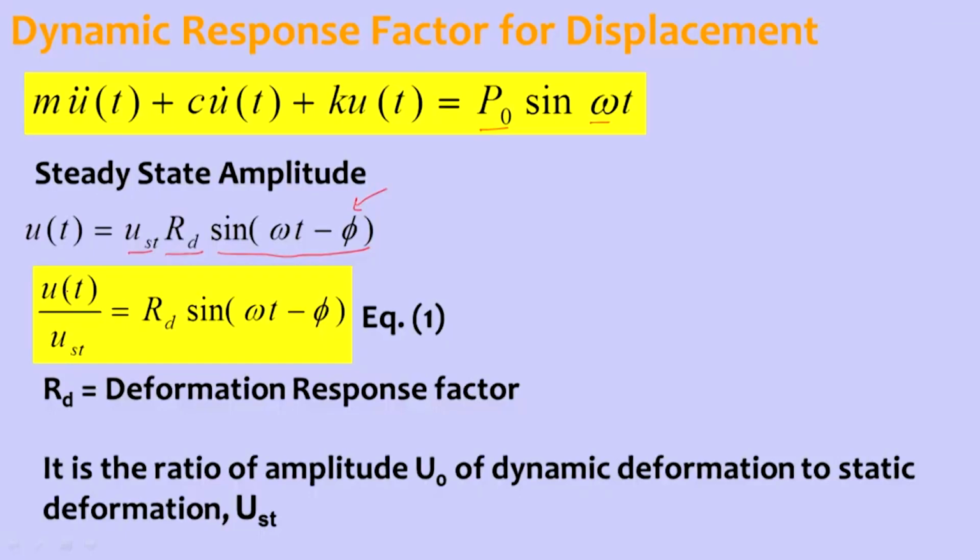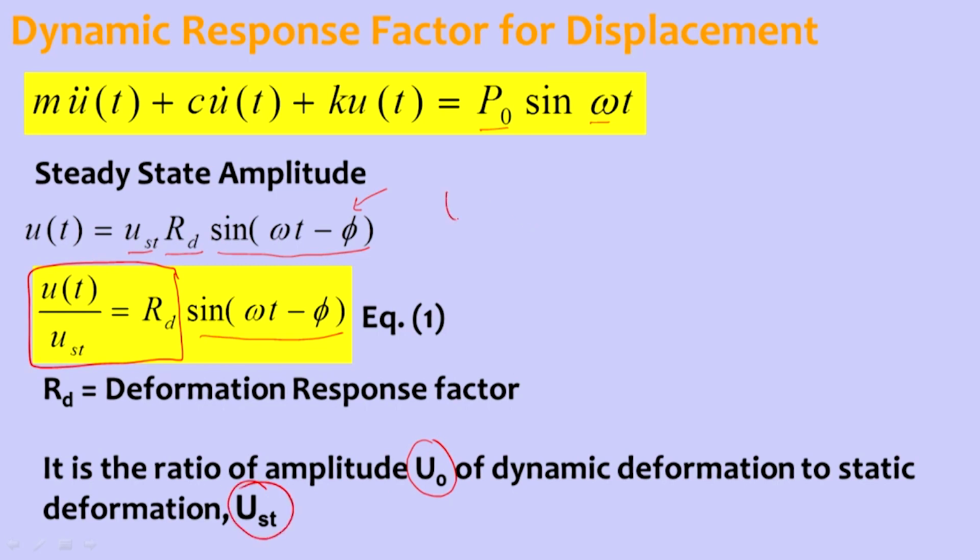Now if we look at this, dynamic displacement divided by static displacement is equal to Rd multiplied by sine(omega t minus phi). If we take only the amplitude, it becomes this portion. This Rd is called the deformation response factor, or dynamic response factor for displacement. It is the ratio of U0, the amplitude of dynamic deformation, to the static deformation.